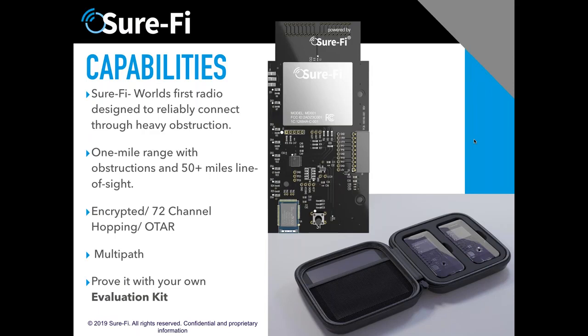So this is going to be a great solution for you indoors, so you don't even have to run power wire to the door. You just connect to the wire that's already there for the exit sign or the always-on light, wire up the SureFi, wire up the card reader or door strike, and you're ready to go. So hopefully that answers your question.